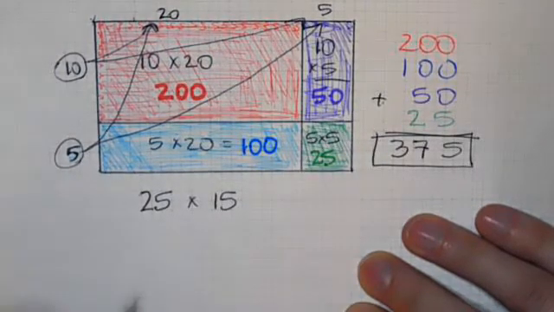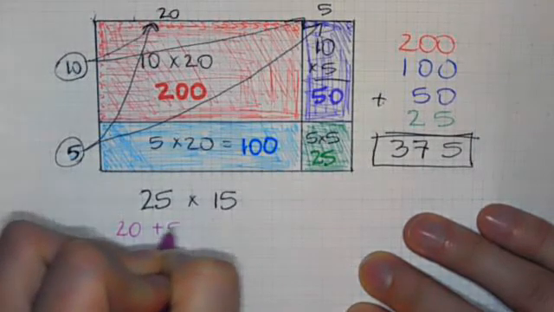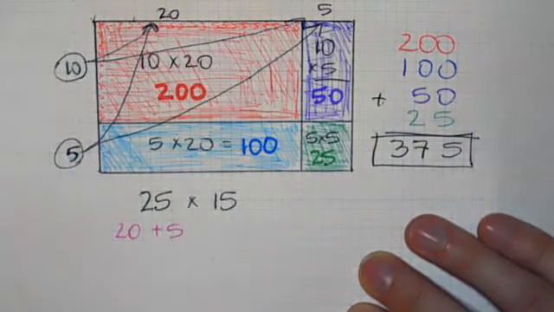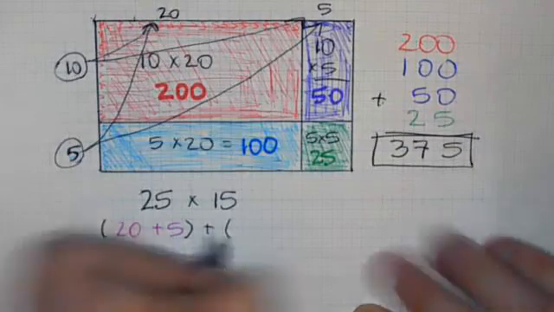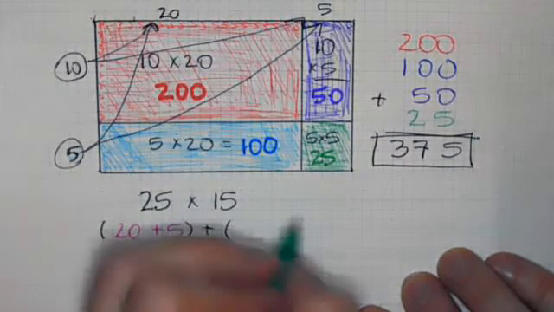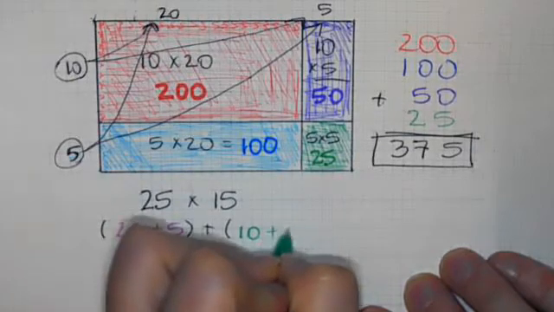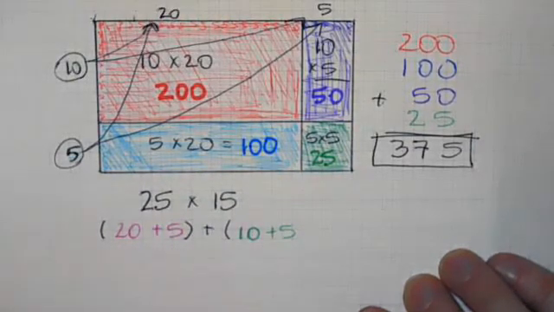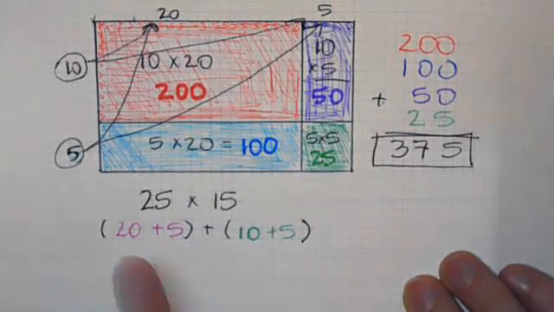I'm going to break 25 into its place value or expanded form. So that is 20 plus 5. And then I'm going to break up 15 into its expanded form, which is 10 plus 5. Now I need to start doing some connections going across, or distributing numbers. The first thing I'm going to do is distribute out this 20.